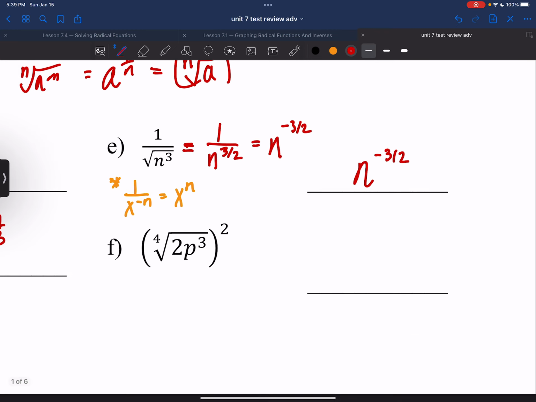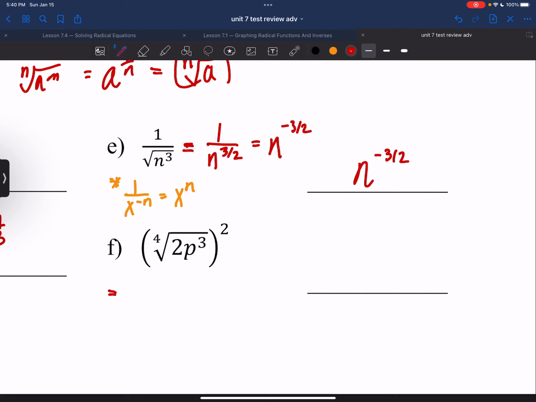Now, F, we're going to use our rules of exponents here, like so. So this is the fourth root of 2p cubed. Now, you have to be careful here. Notice that p is the thing getting cubed. So I might write this as, well, we don't want to put the 3 on the 2, do we? So let's put it on the outside.